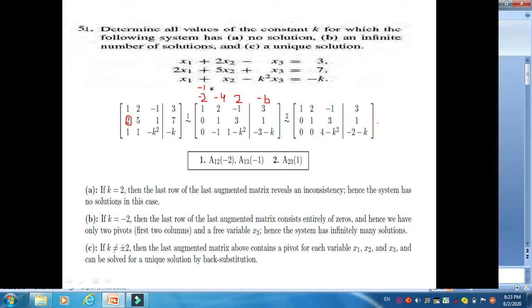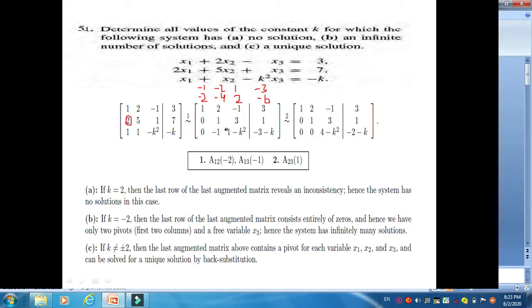Again, multiplying row number 1 by minus 1, minus 2, plus 1, minus 3. So if we add that row to row number 3, minus 1 plus 1 is equivalent to 0. Minus 2 plus 1 is equal to minus 1. And then 1 minus k square is that element, and minus 3 minus k.